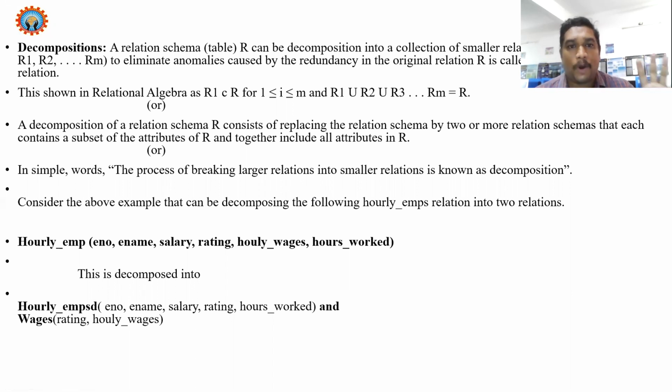Now among the 5 attributes, 2 attributes are in one relation and 2 attributes in the other, so the main relation has 3 attributes and the other two relations have 2 attributes each. Totally I have 7 attributes: 5 plus 2 plus 2.